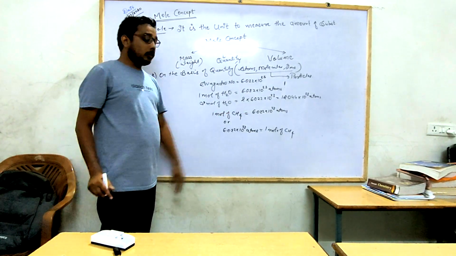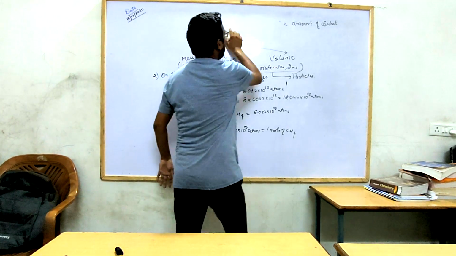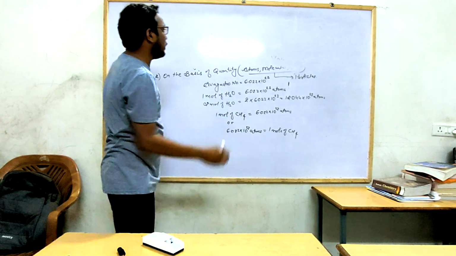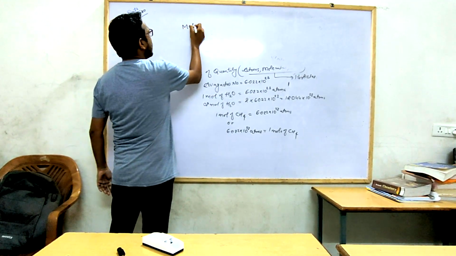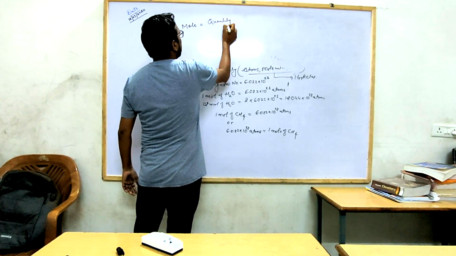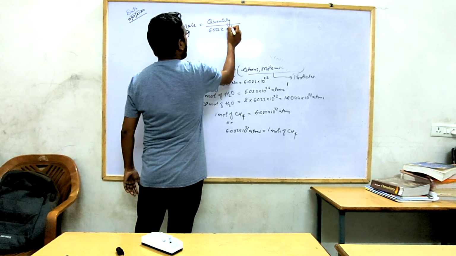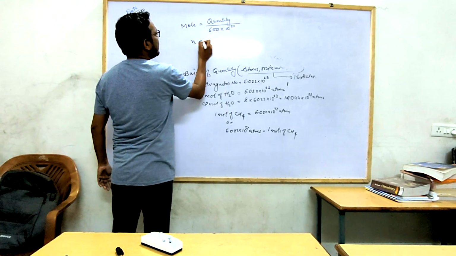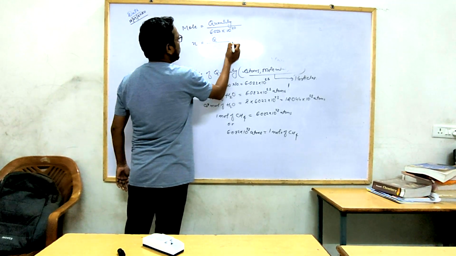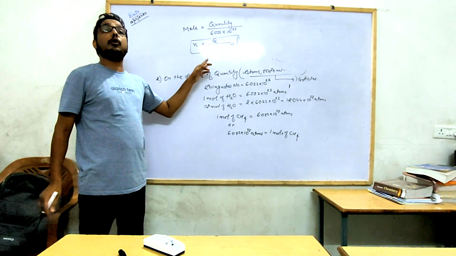So now we will write the formula. What formula do we get from this topic? Mole is equal to, this is the second formula, mole is equal to quantity upon Avogadro number, that is n is equal to Q upon Avogadro number. This is your second formula. Now we are combining both formulas.